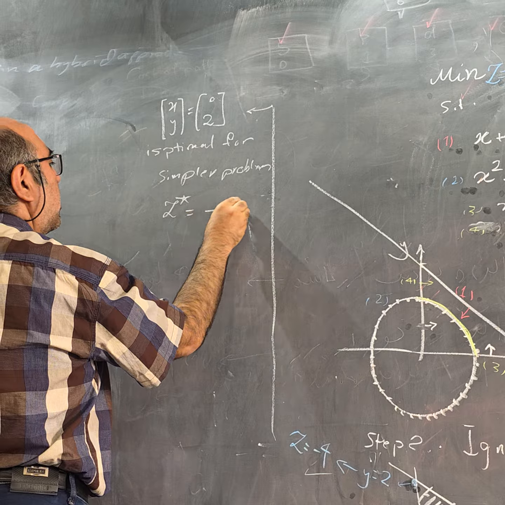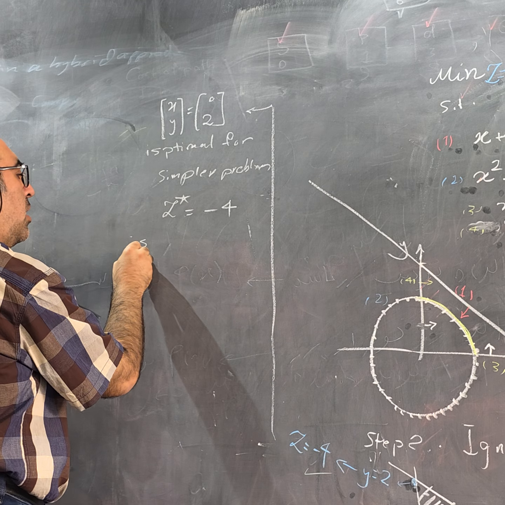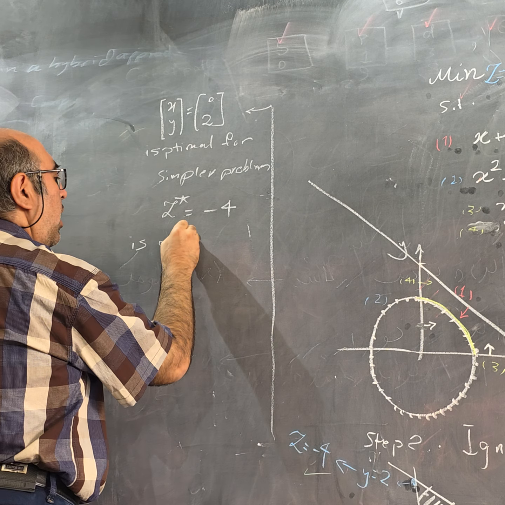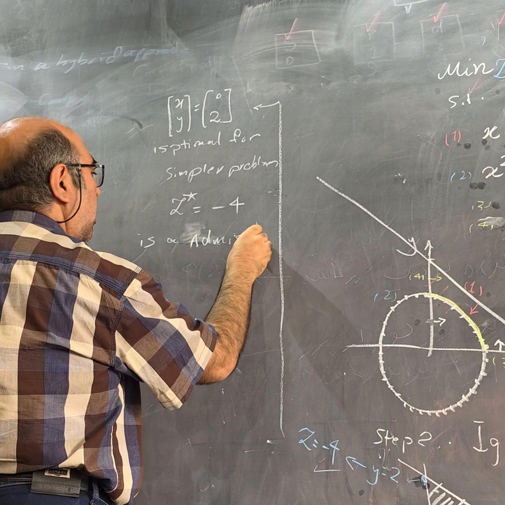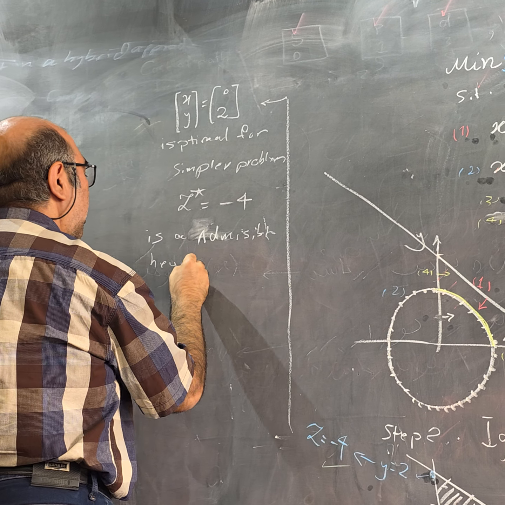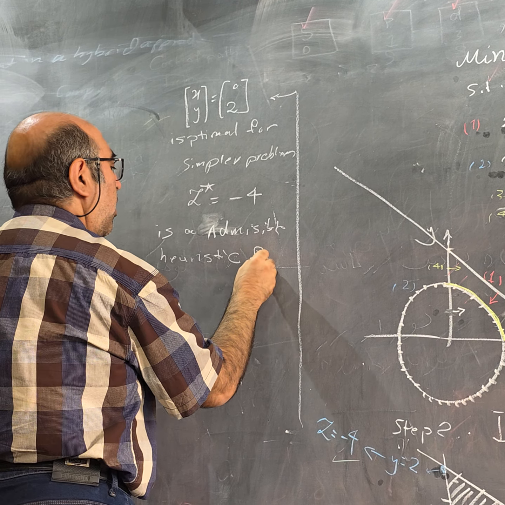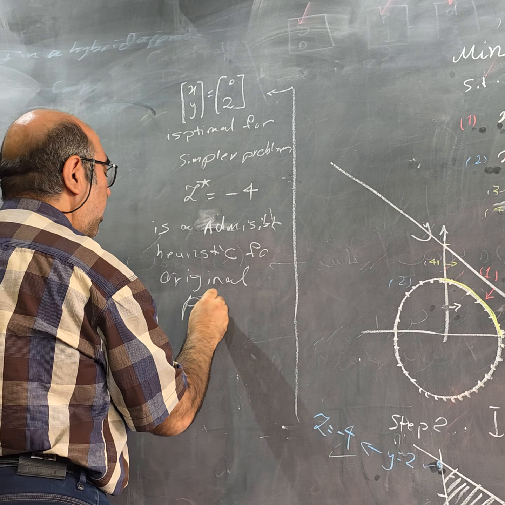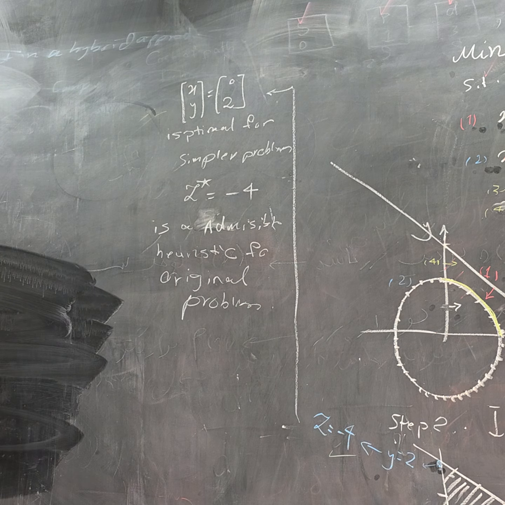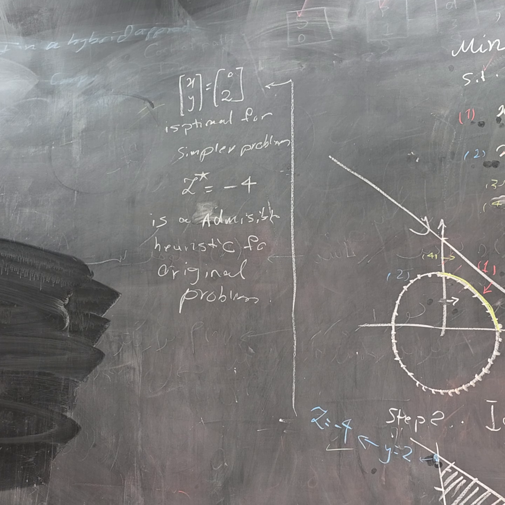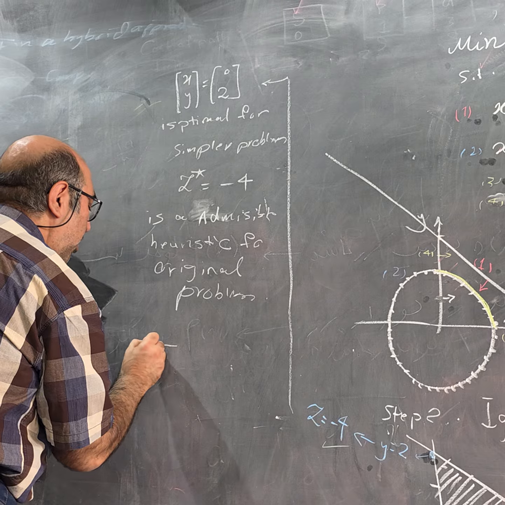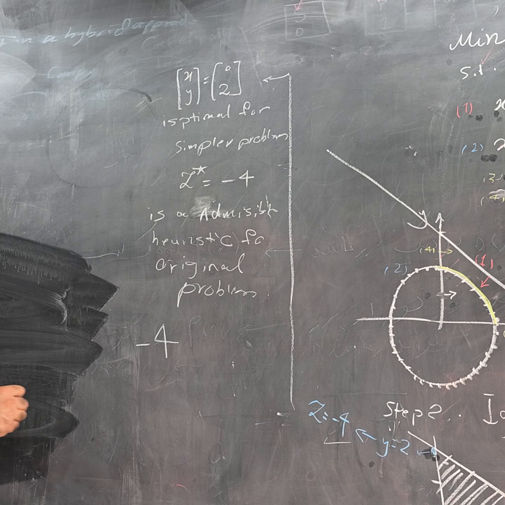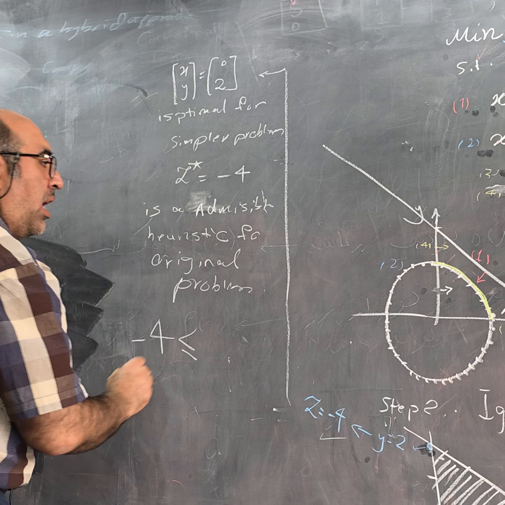Z star equal to minus 4 is an admissible heuristic for the original problem, because minus 4 is less than the optimal solution of the original problem.